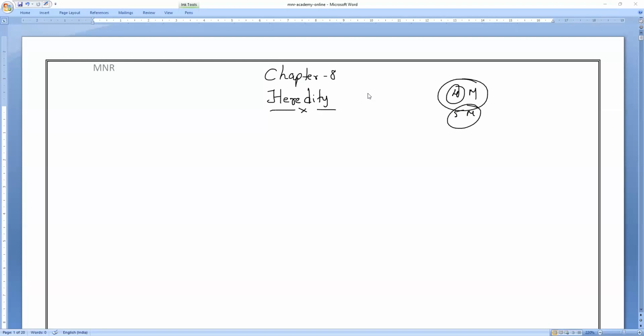So now let us see, if you observe very carefully, last class, last chapter, what we have studied, you can notice it. How do organisms reproduce? So we all know why they should reproduce basically.